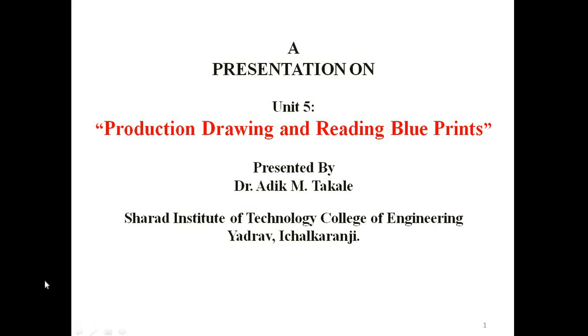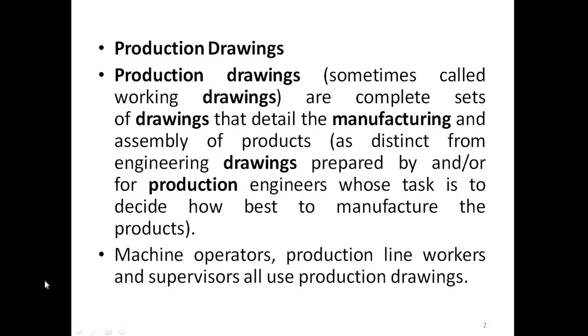Production drawings, you already studied, sometimes called working drawings, are complete sets of drawings that detail the manufacturing and assembly of products, as distinct from engineering drawings, for production engineers whose task is to decide how best to manufacture the products.